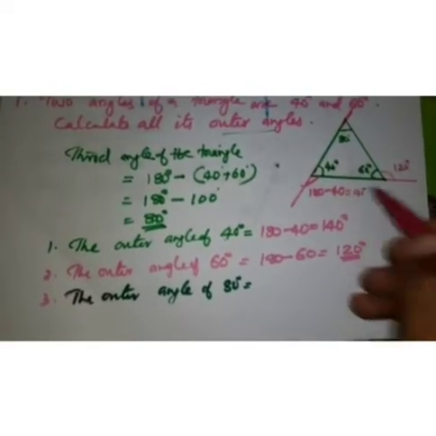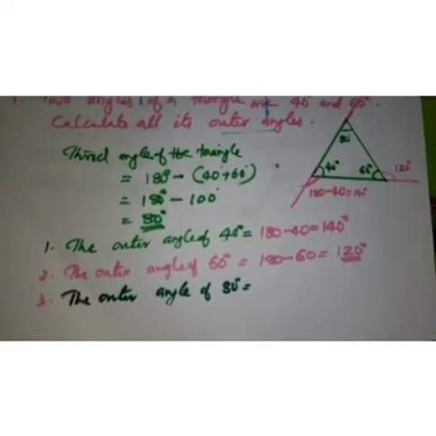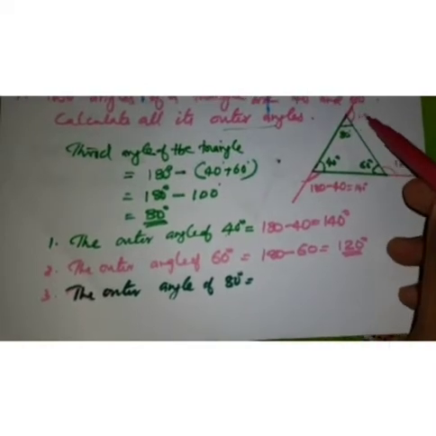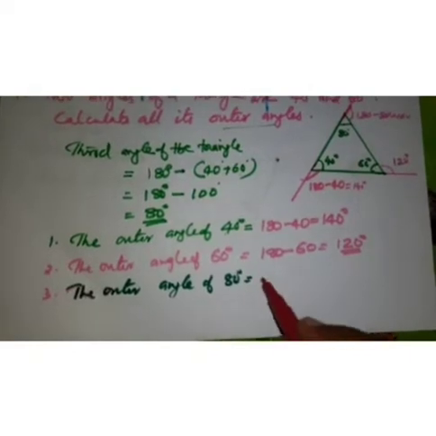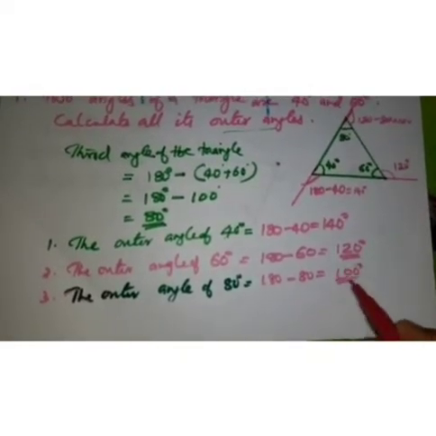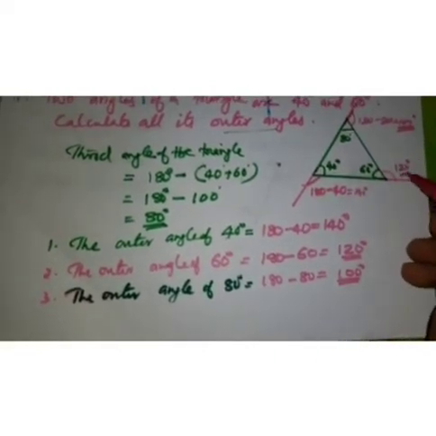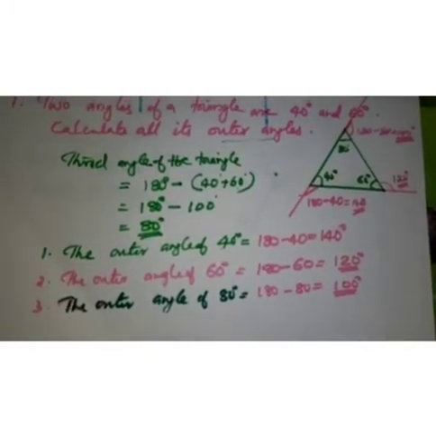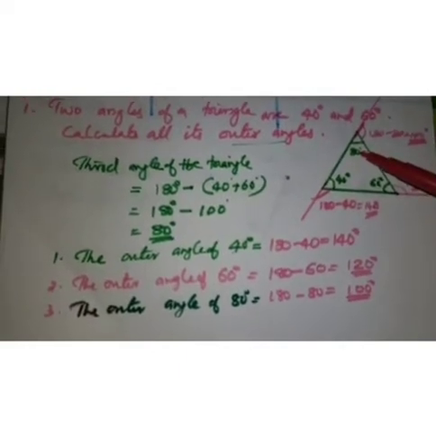This is 140 degrees. Then next is the outer angle of 80 degrees. How much? This is the outer angle. This is how much? 180 minus 80. How much you will get? 100. You will get the outer angle as 100 degrees. So you got the three outer angles: 100 degrees, 120 degrees, 140 degrees. This is the way to find out. First of all, you have to find out the third angle of a triangle.